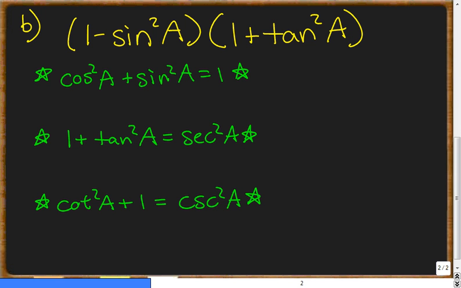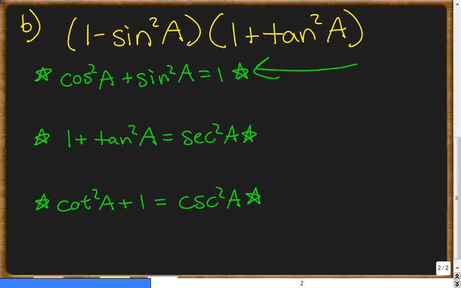So if I look here, I see this 1 and this minus sine squared. Now, I don't see that in any of my identities, but I can make it if I think about what I have, right? So 1 and sine squared go together with something. So maybe it should occur to me to try and see if I can make that work. Well, how would I make 1 minus sine squared out of this?